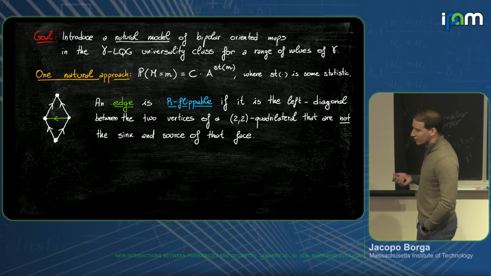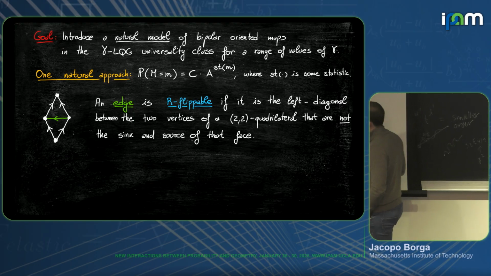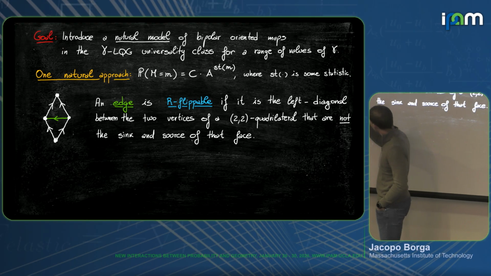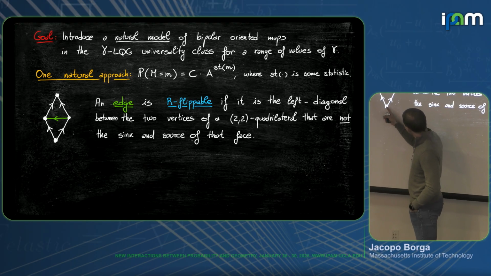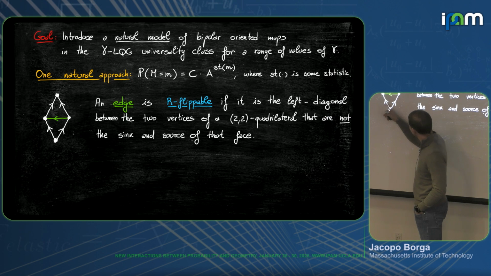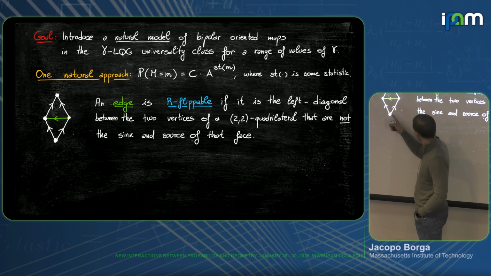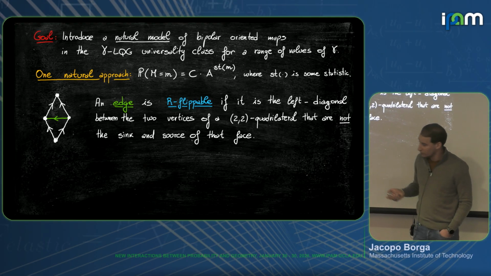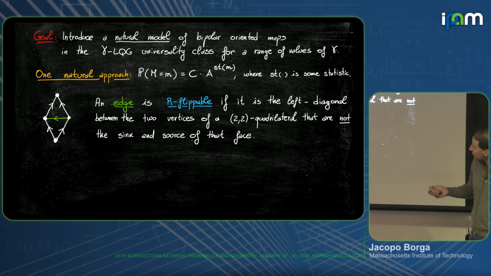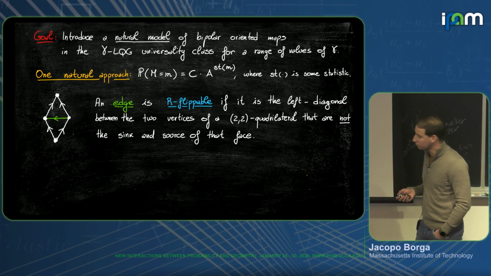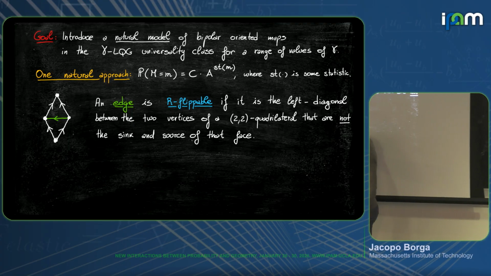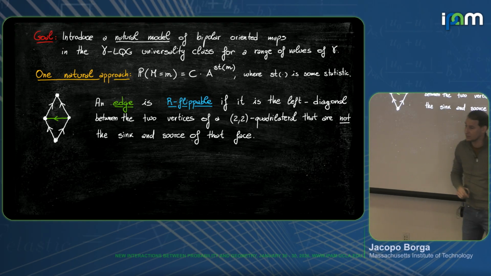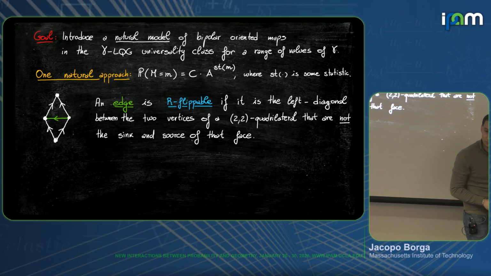OK, if you take two triangles next to each other, you get a quadrangle. You can get different kinds of quadrangles; I will look at the case where the quadrangle is a 2-2 quadrangle, in the sense that you have two left boundary edges increasing and two right boundary edges increasing. And I will say that an edge of these two triangles that is shared is right flippable if this edge is connecting the two vertices that are not the sink and the source of the face, and it's left oriented.